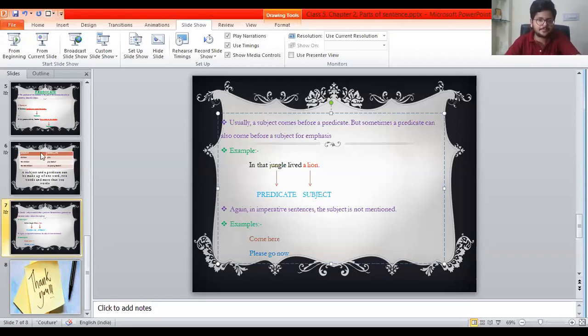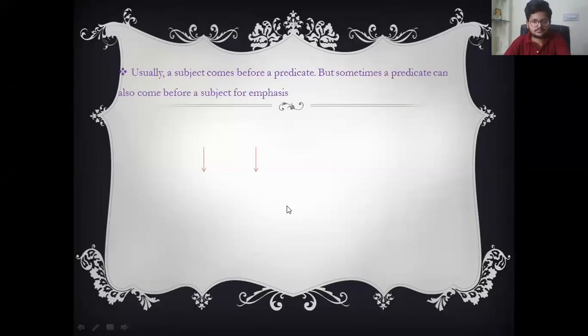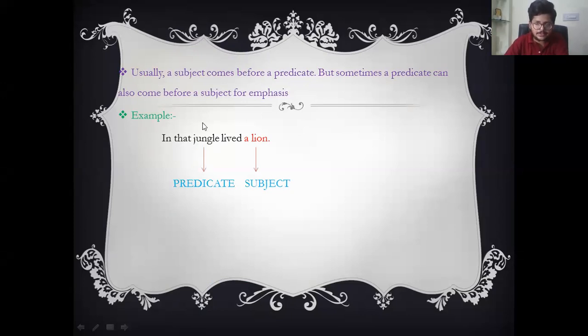Okay. So, see, in that jungle lived a lion. In that jungle is the predicate, so it is written first, and the lion is the subject, written afterwards. Next point.